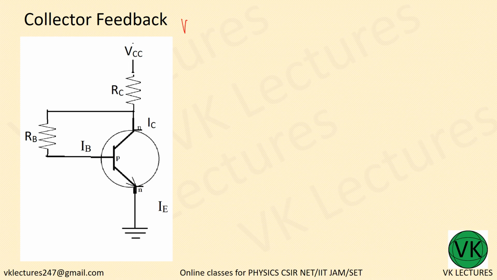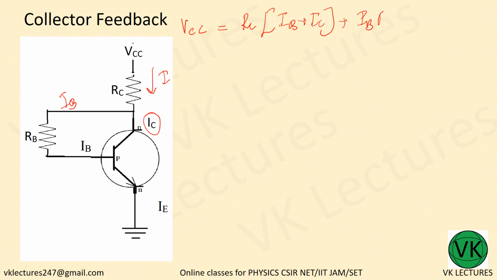So once again VCC is equal to, here through this current is I, and this will be IB, this is IC. So RC into IB plus IC plus IB into RB, IB into RB to the input side plus VB.